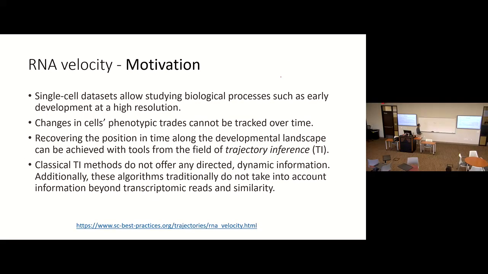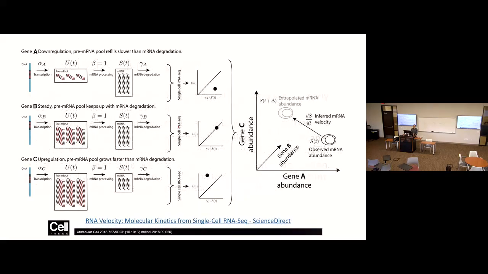So RNA velocity, I just described here. It uses the information from the spliced, unspliced ratio between cells, between genes. This is built on the understanding of the dynamics of gene transcription.